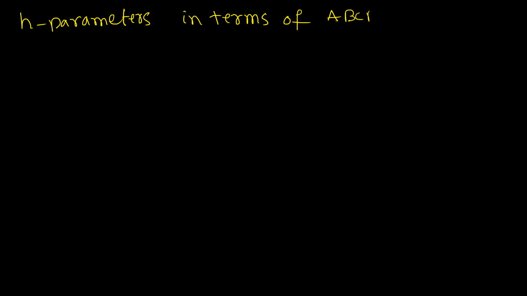Okay. Now let us see the other type of relations, that are H parameters in terms of ABCD parameters. So quickly I'll be writing the relations for H and A. Okay, so this is V1 equal to H11 into I1 plus H12 into V2.